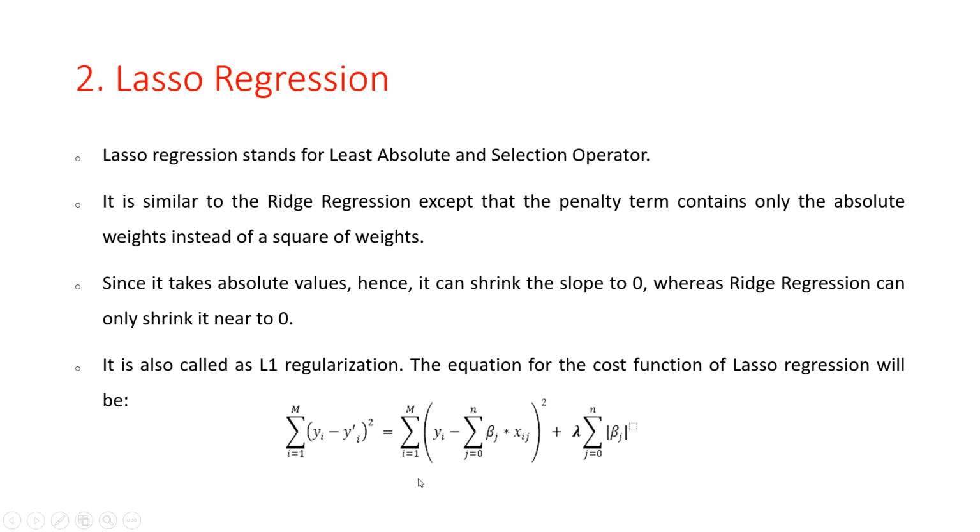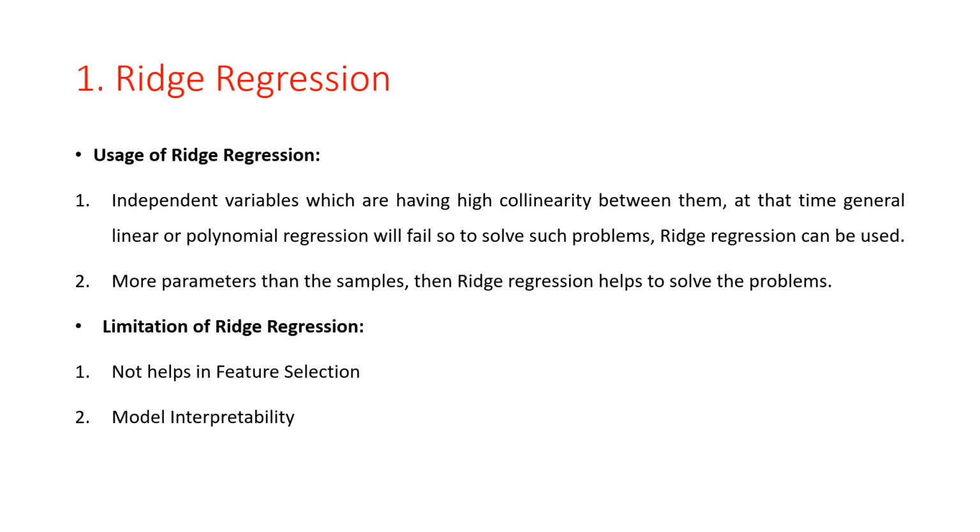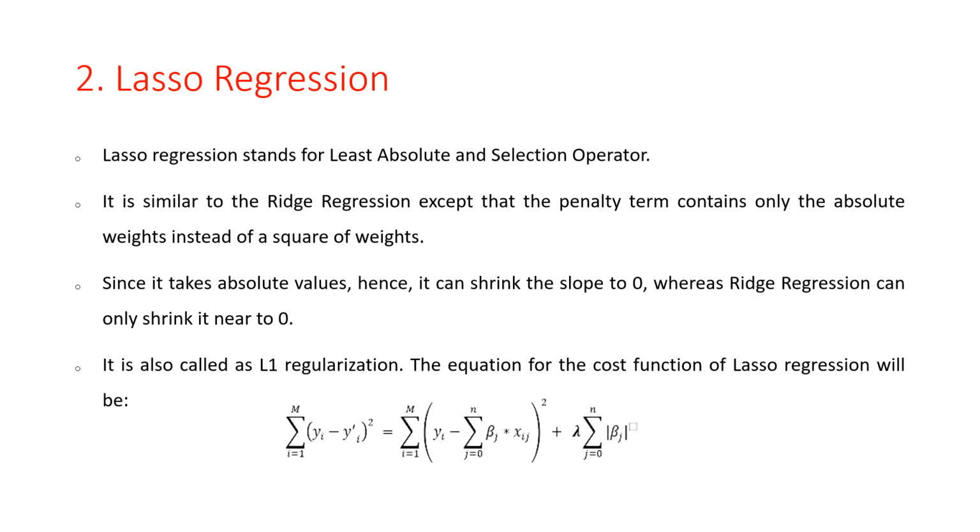Hence lasso regression can help us reduce overfitting in the model as well as perform feature selection. In ridge regression there is a limitation: it is not suitable for feature selection, but in lasso regression we can use feature selection also.